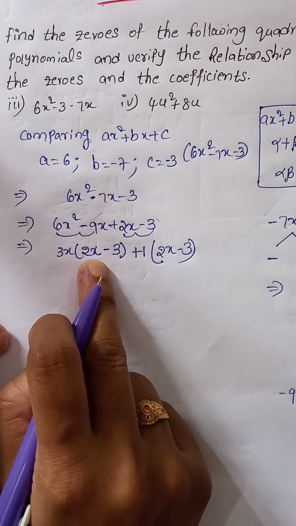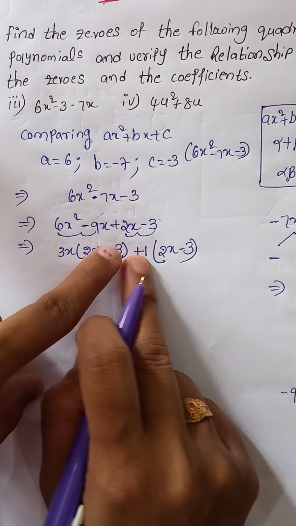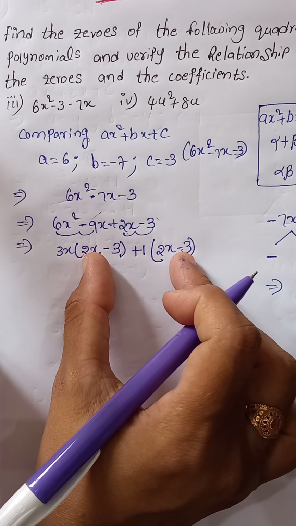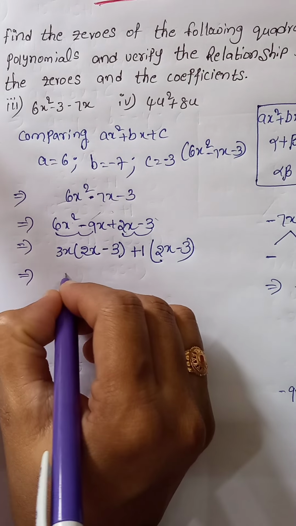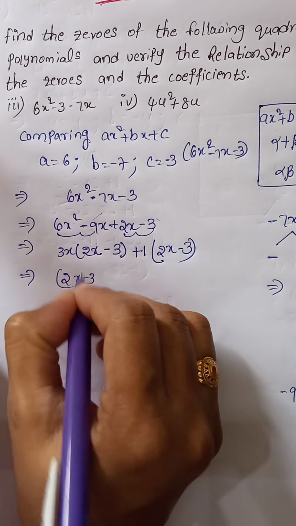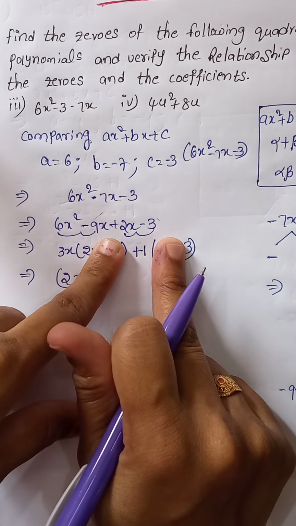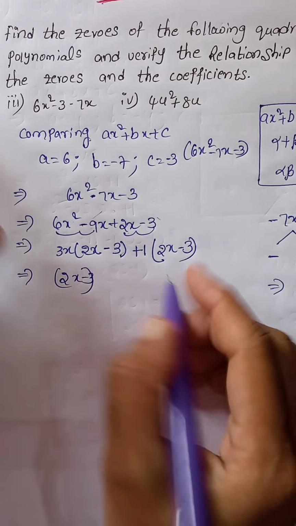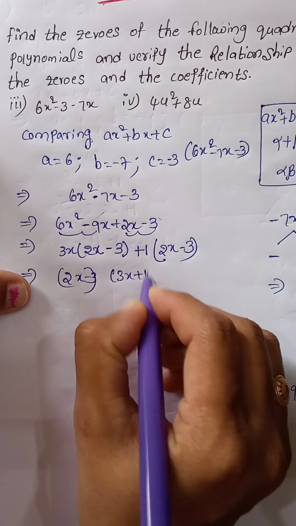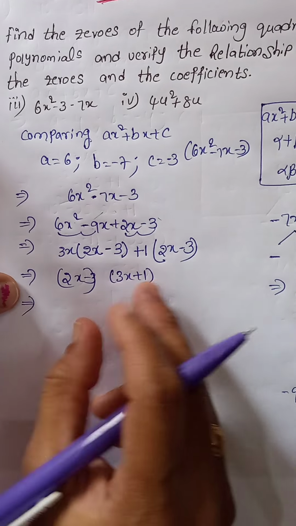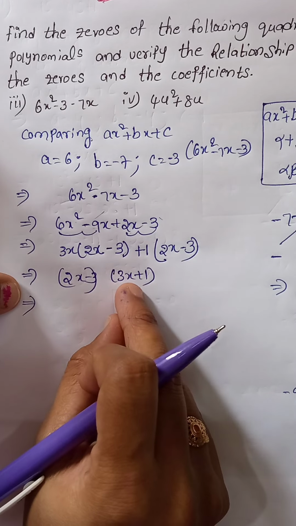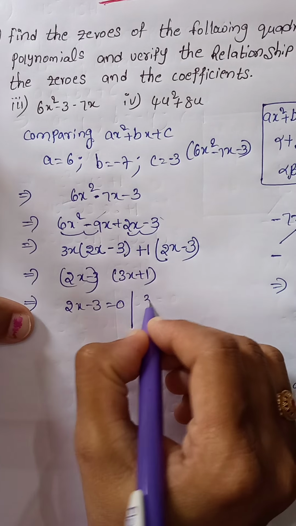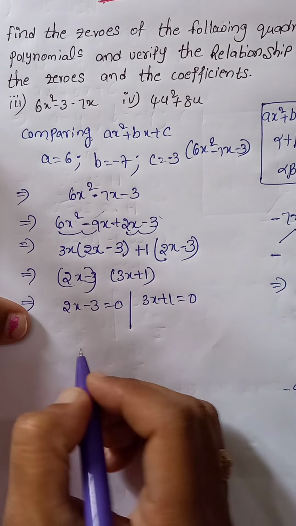Again in these two terms, 2x minus 3 is common. When you take 2x minus 3 common, we are left with 3x plus 1. So to find the zeros, equate these two factors equal to 0: 2x minus 3 equal to 0 and 3x plus 1 equal to 0.